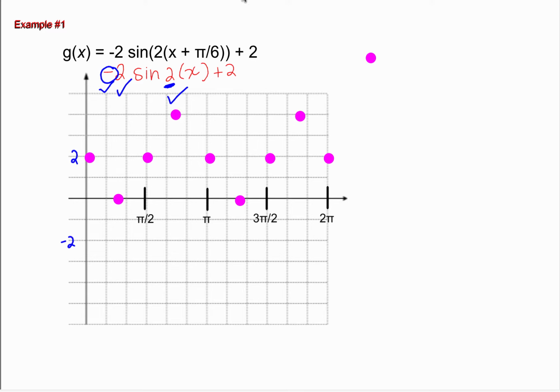The last thing that I'm going to do now is my phase shift. So my phase shift here says plus pi over 6, or 30 degrees. That's why I worked this in 30s, 30, 60, 90. But remember, since it's the horrible horizontal child, we're really going to move to the left pi over 6 spots.